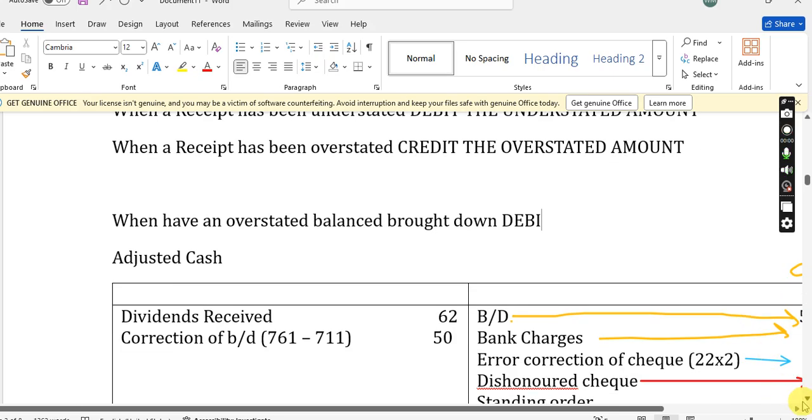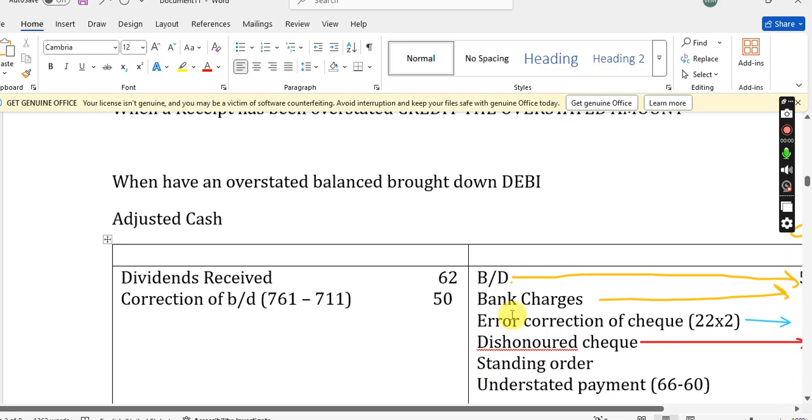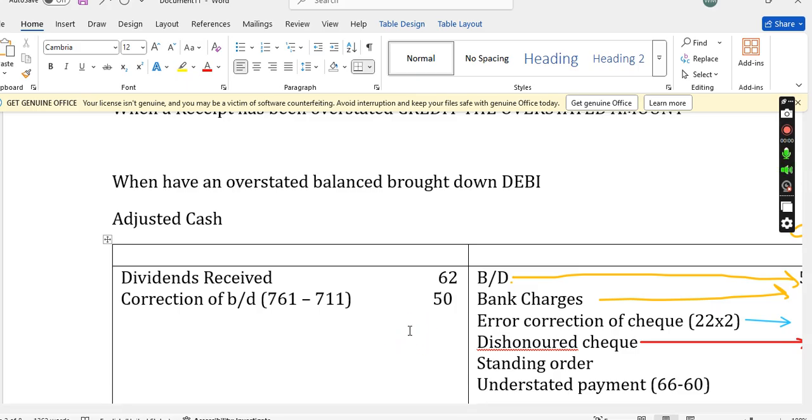No, you deduct to find out how much it was overstated by. It was overstated by 50 kwacha. So you debit so that you reduce that overstatement. Let's say it was supposed to be 50 kwacha, then it was overstated at 70 kwacha.